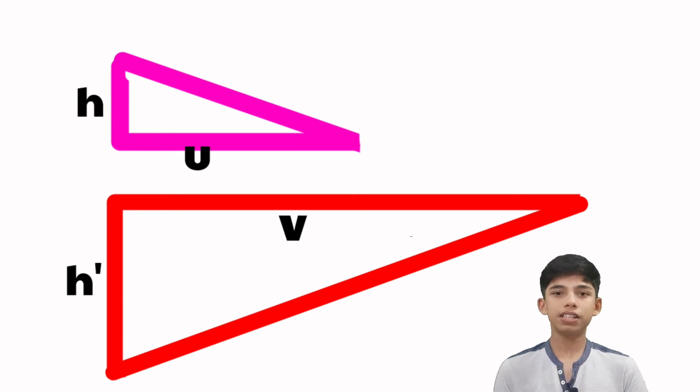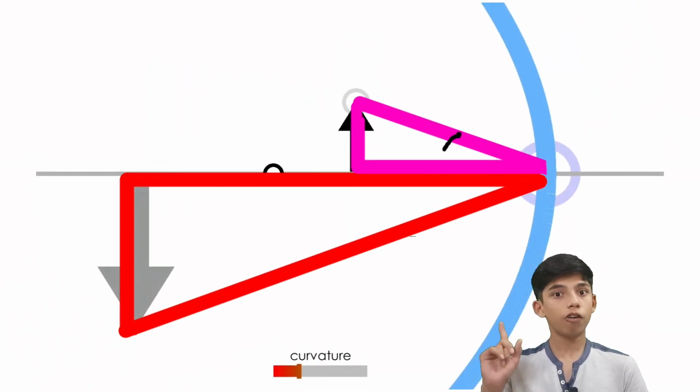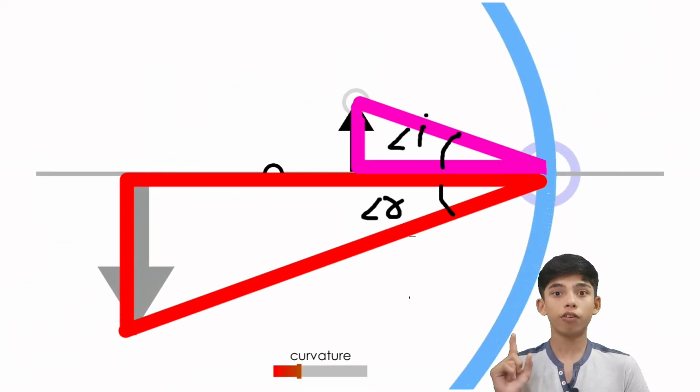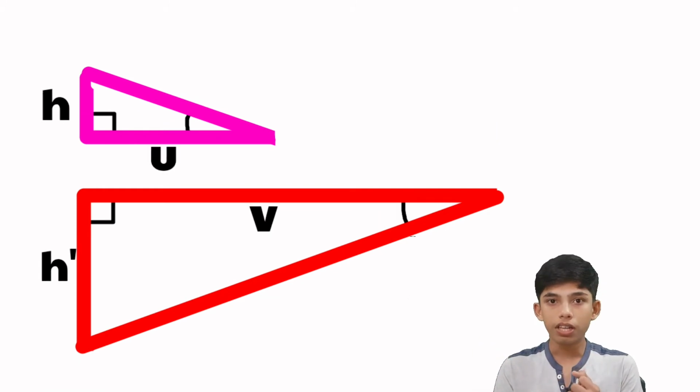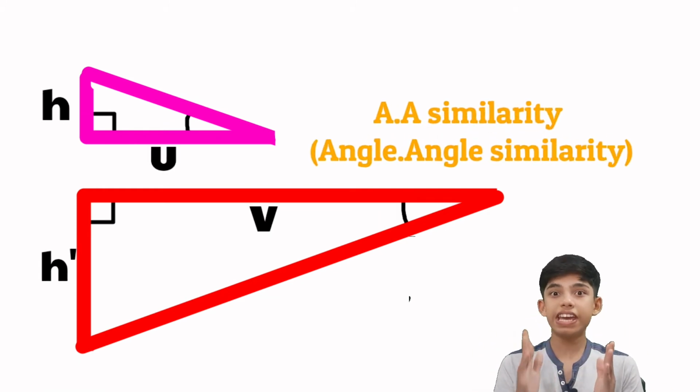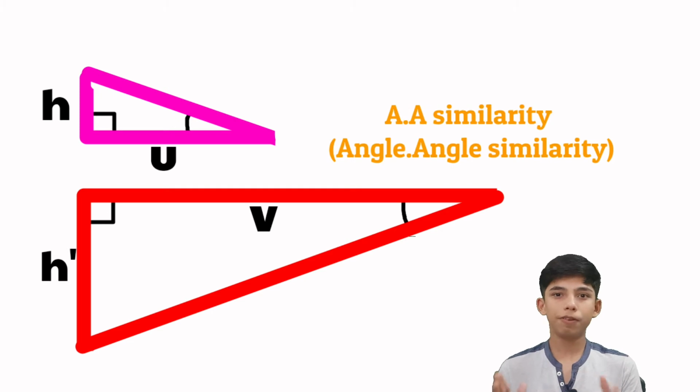You can see here that those 2 angles are 90 degrees and the angle of incidence is equal to the angle of reflection, right? So these 2 angles are equal, and this gives us AA similarity. By the way, if you don't know, you can check that out, but we are not going to discuss that here. It's going to be a completely different topic. So we have AA similarity.